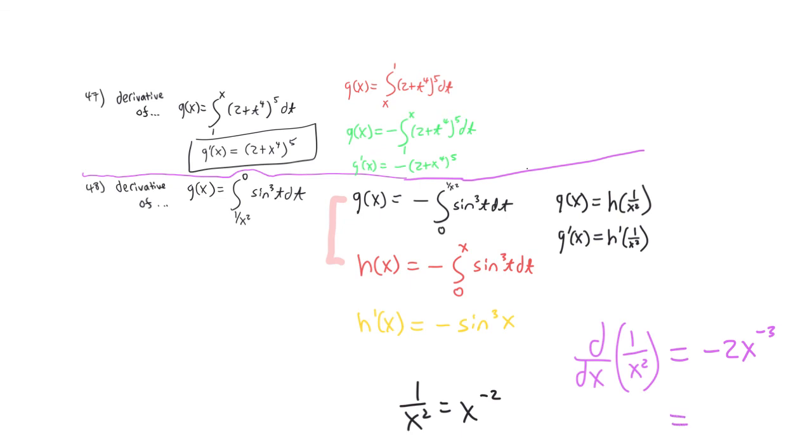And that's really just equal to negative 2 over x cubed, which is right there. Okay? So that's the derivative of 1 over x squared. So that's what we have to multiply this by, because that's the chain rule.